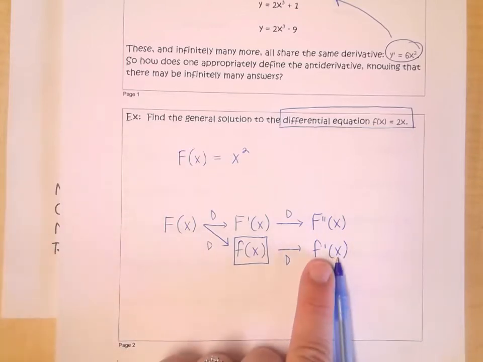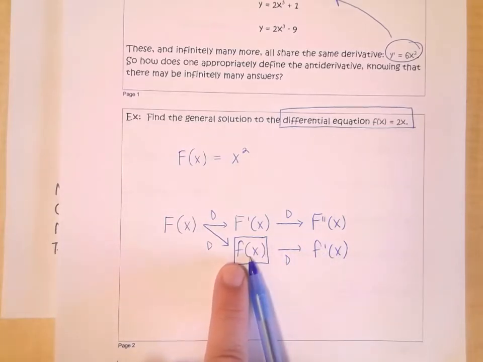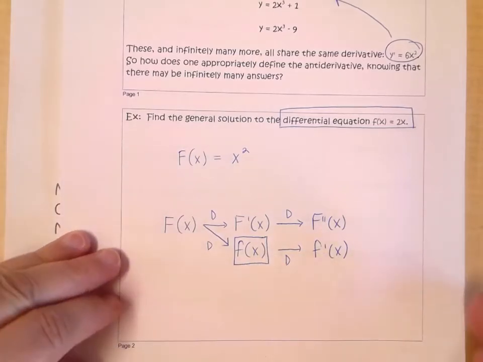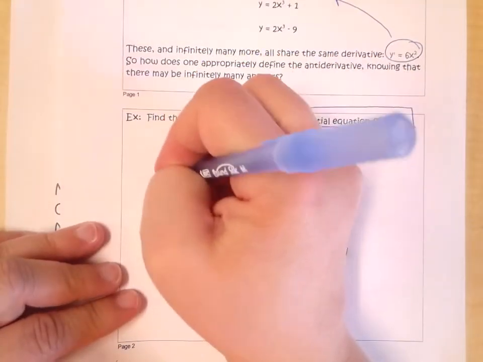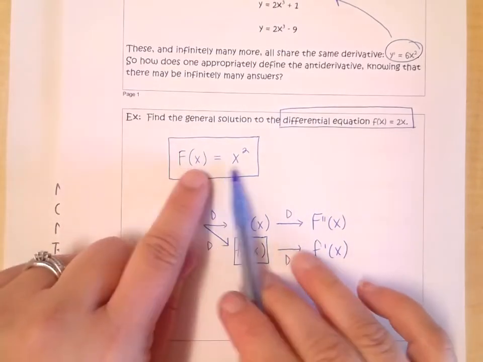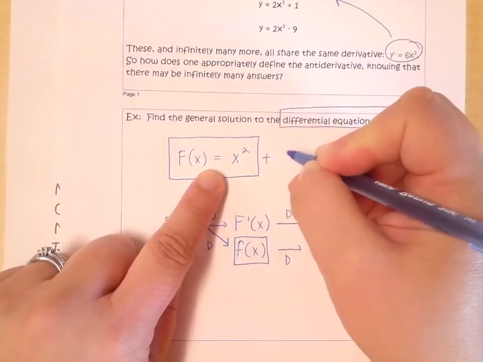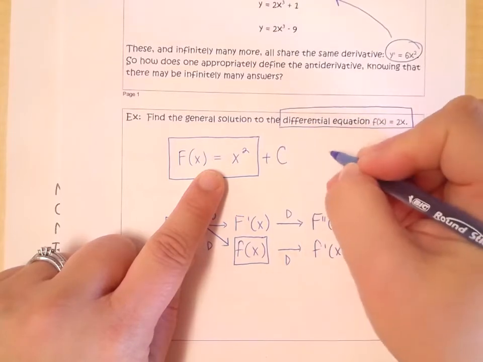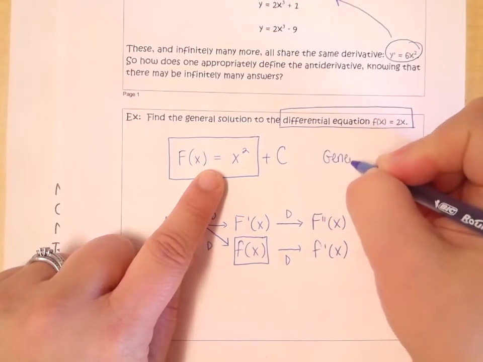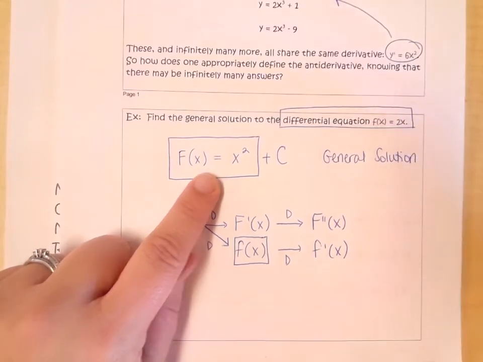Usually you'll be given this, and we would know our answer as this. Okay, so this is the general solution. Well, this right here is a solution, but we're going to tag on this thing called plus c to make it the general solution. And here's why we use plus c.